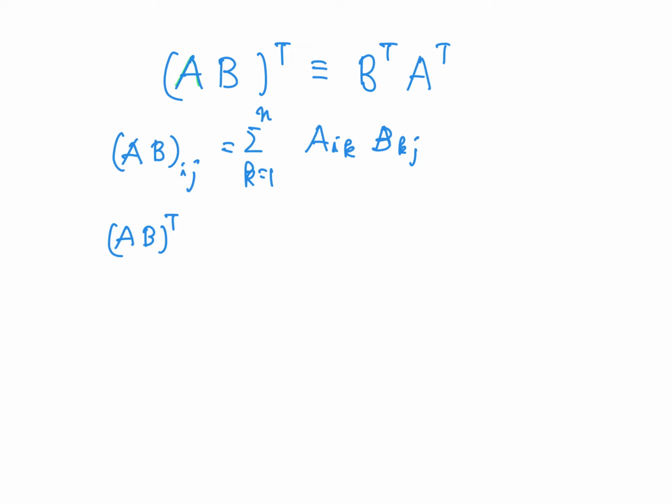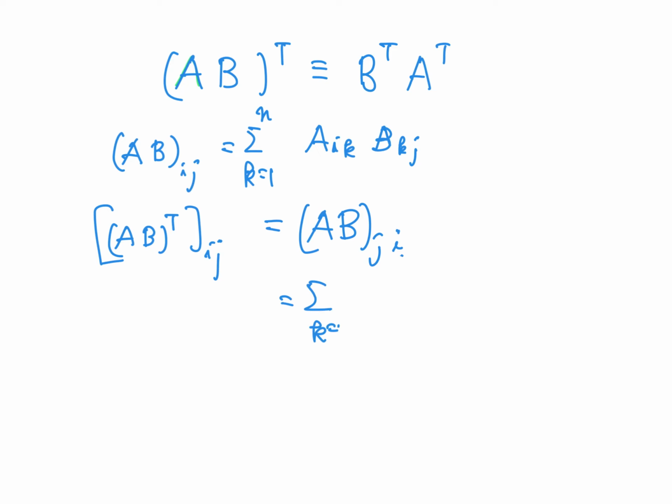You take the transpose and take the ij component, then it's the same as the ji component of A times B.